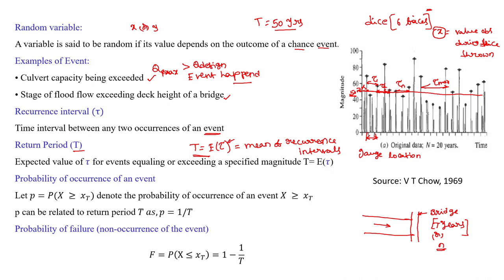For GATE also you may expect it to be asked, but in all the IIT MTech interviews and PhD interviews, this is definitely an important question. So the return period shows the average value for at least once that the value will exceed the threshold.